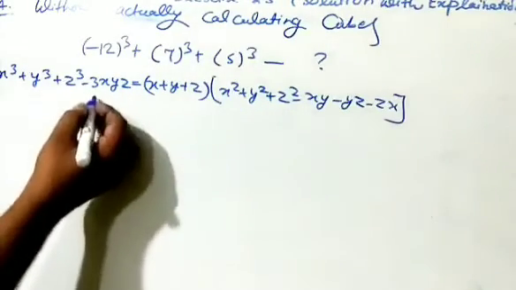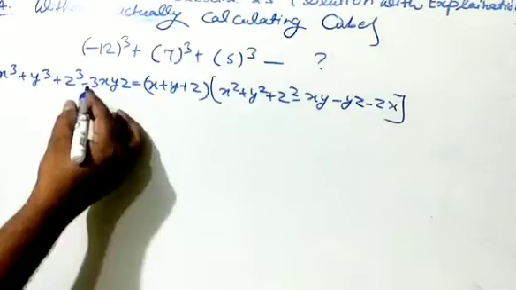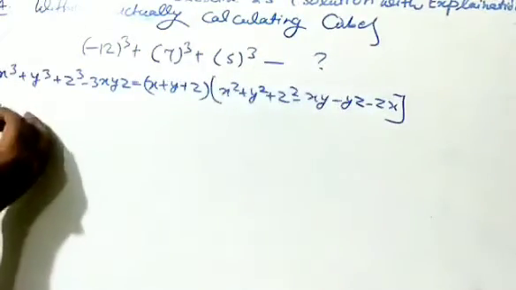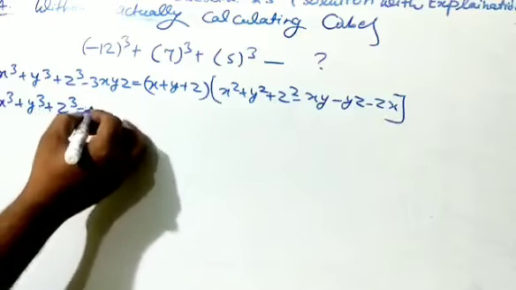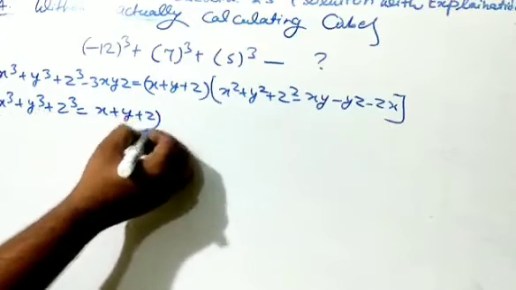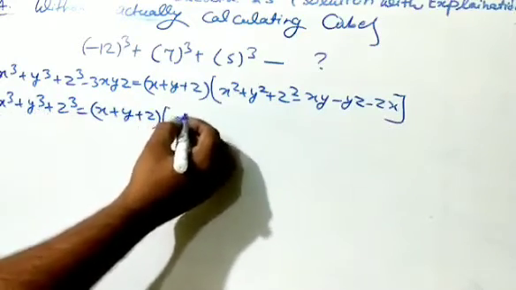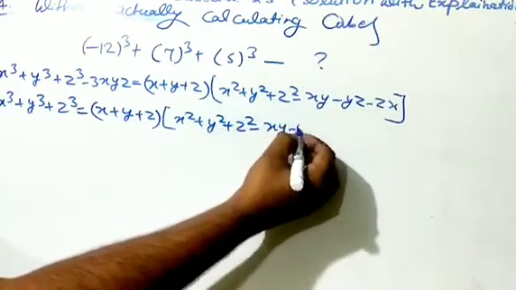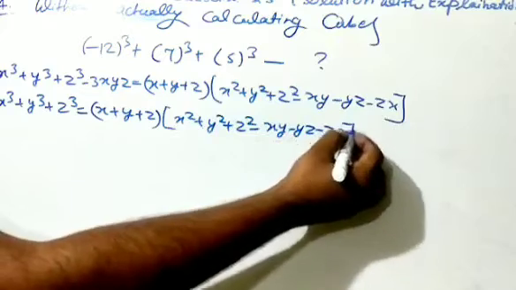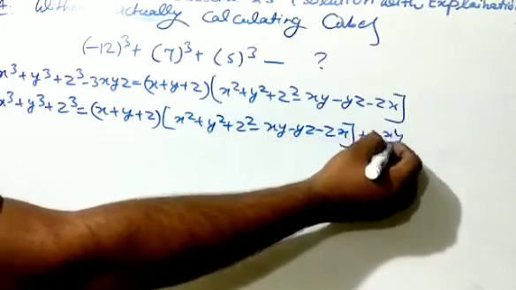Now I'm writing minus 3xyz, substituting on this side, that will be plus. So x cube plus y cube plus z cube equals (x plus y plus z) times (x square plus y square plus z square minus xy minus yz minus zx) plus 3xyz.